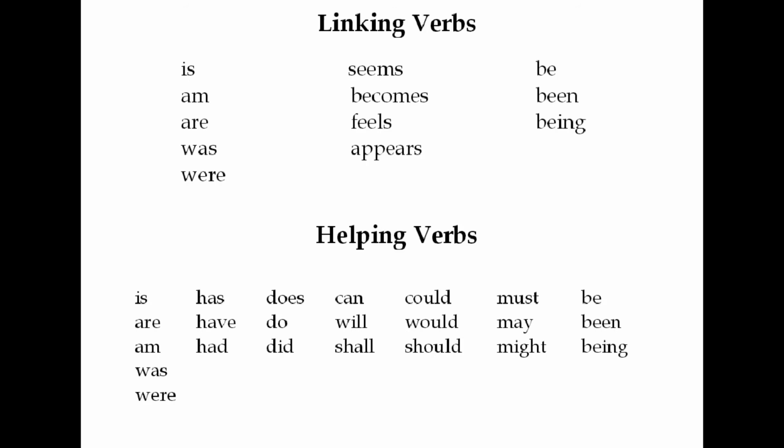So you can see these verbs can stand independently. They always appear in the sentence, and they can also perform as the main verb of the sentence. These verbs can also perform as main verbs, like is, am, are, was, were, have, had, do, does, did.